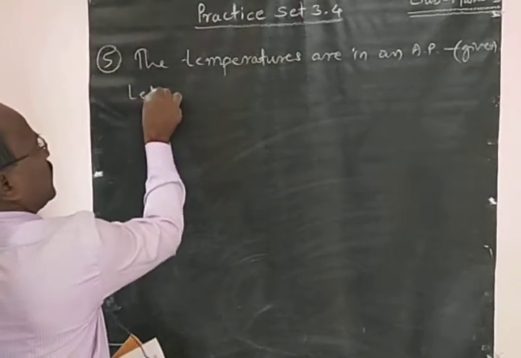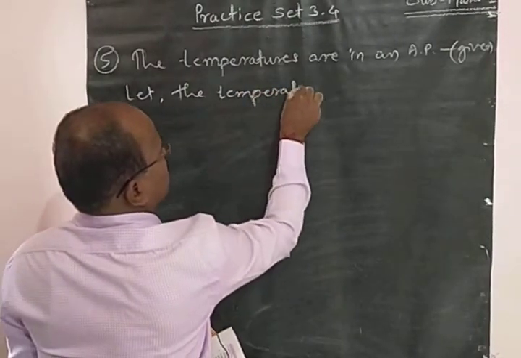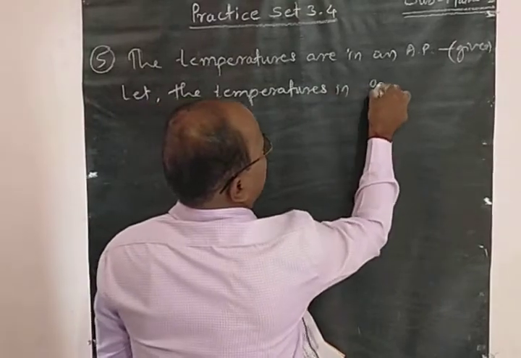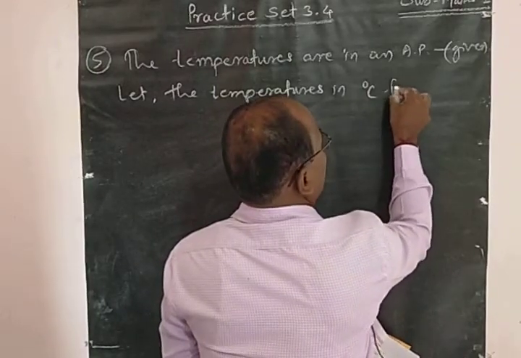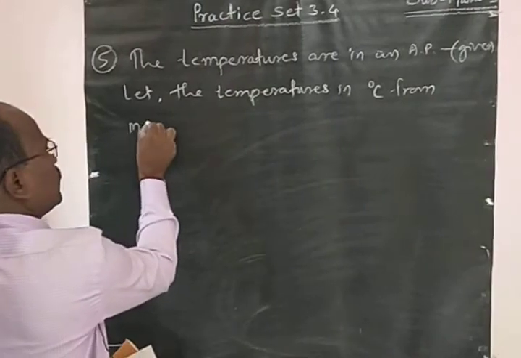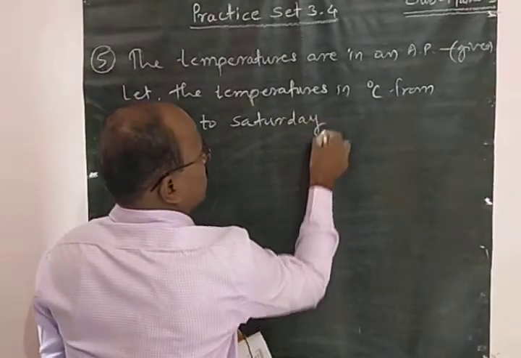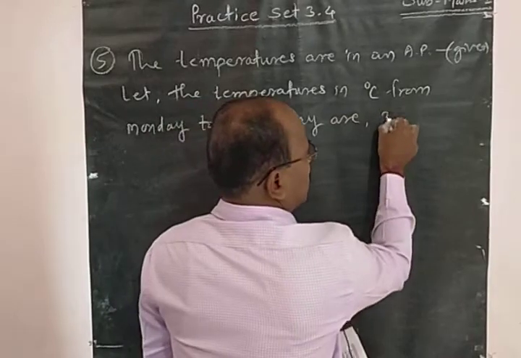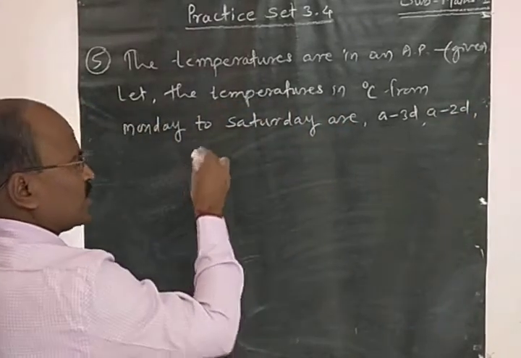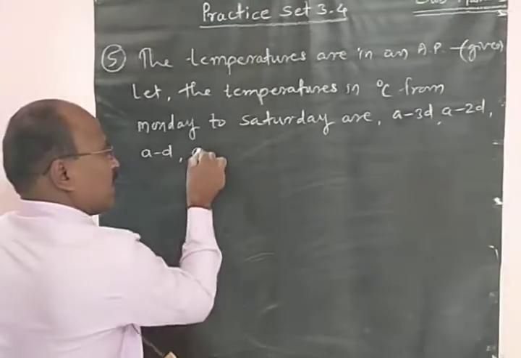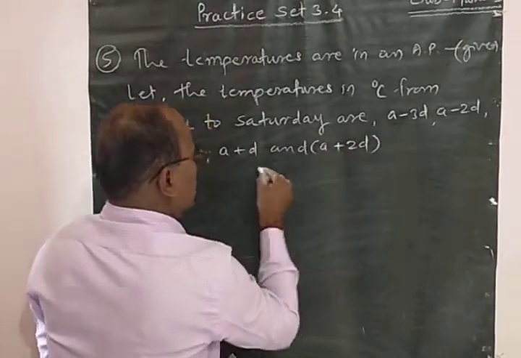Let the temperatures in degrees Celsius from Monday to Saturday be a minus 3d, a minus 2d, a minus d, a plus d and a plus 2d.